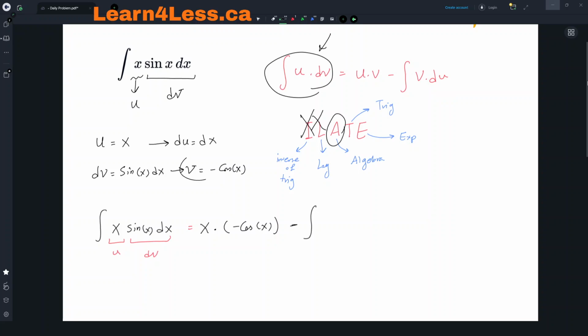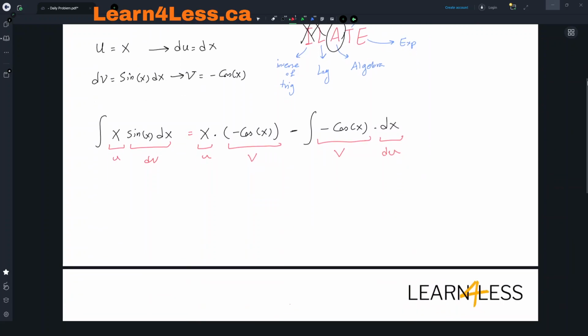V is negative cosine of x, multiplied by du, which is just dx. Again, just writing that this is the u, this is v, this is v du.